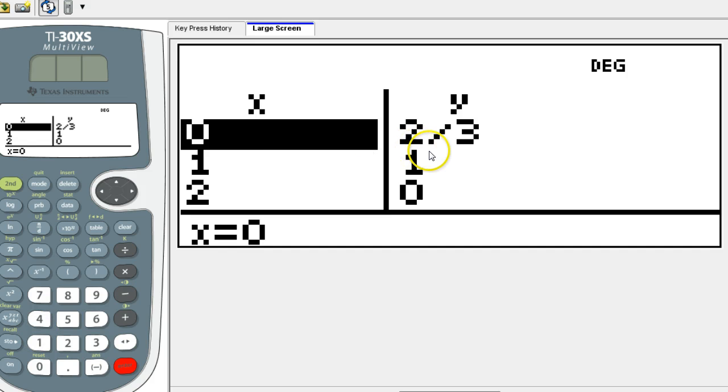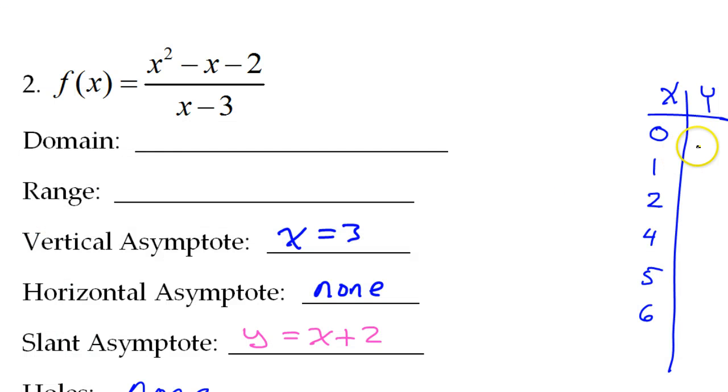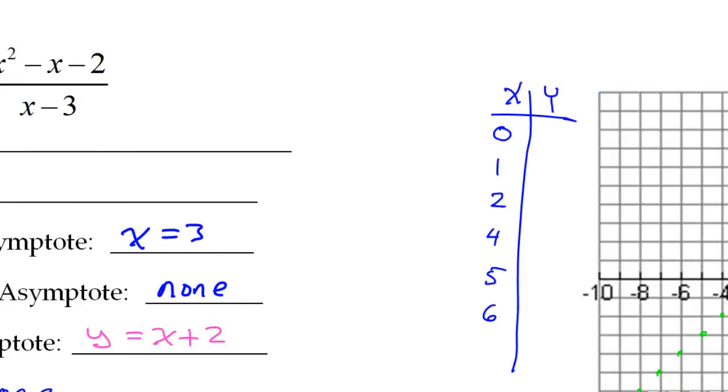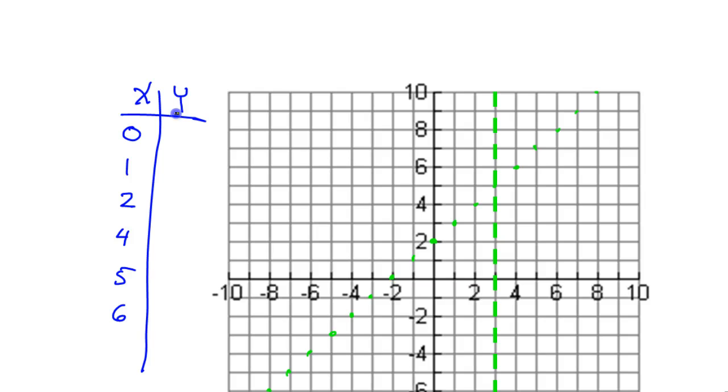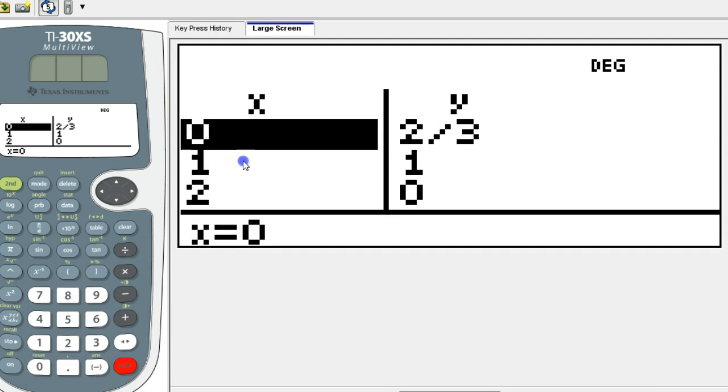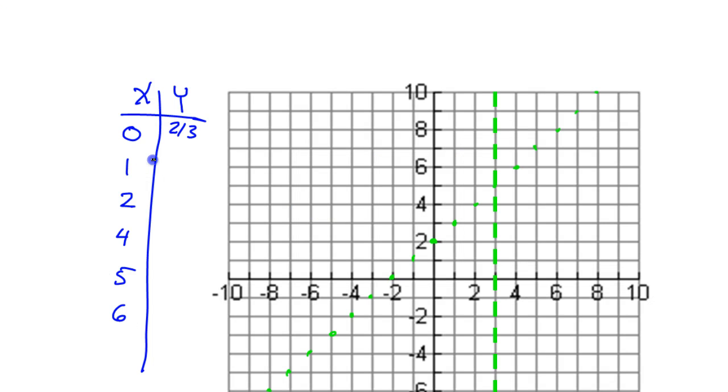Alright, so at 0 we're at 2/3. Alright, and then we have 1 and 0.